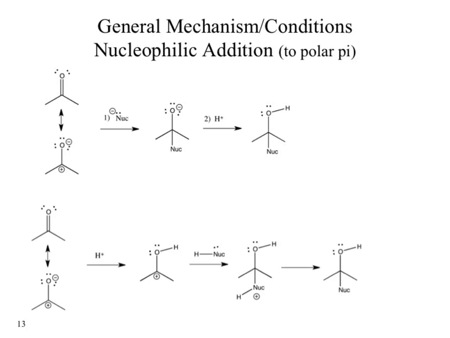That's why we add the acid. The acid reacts with the oxygen of our carbonyl first. That really polarizes the pi bond so that we can get that carbocation. Now the weak nucleophile can come in and react with it to generate an intermediate. Remember, since it's weak, we probably also have a hydrogen still floating around, okay, attached to the nucleophile.